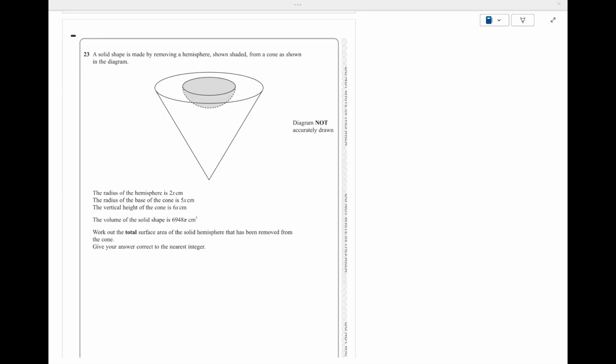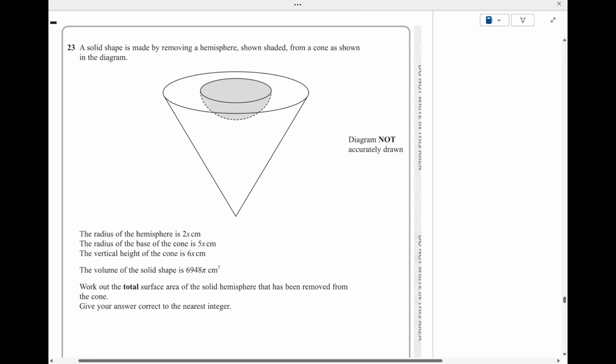Question 23. Right. I'm going to need the formulas, I'll have them from the formula sheet here, I think. A solid shape is made by removing a hemisphere, zone shaded, from the cone. Okay. The radius of the hemisphere is 2x. Right, let's put that in here, shall we? So that is 2x.